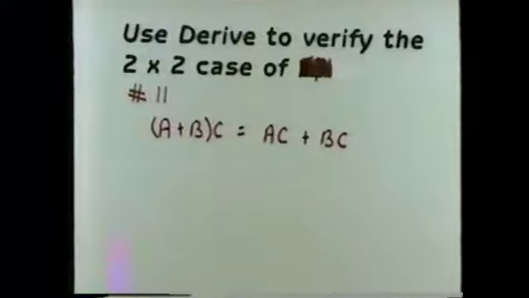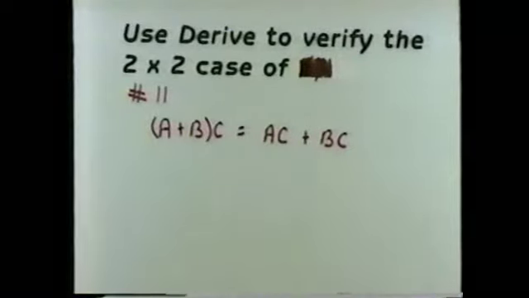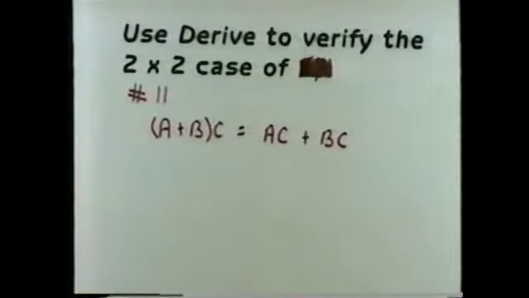Sometimes the computer can be used to help convince ourselves that a property is true. As an example, let's use Derive to verify the 2 by 2 case of property number 11, which is the right-hand distributive property for matrix multiplication over matrix addition: A plus B times C is equal to AC plus BC. So we're just going to use Derive to verify the 2 by 2 case.